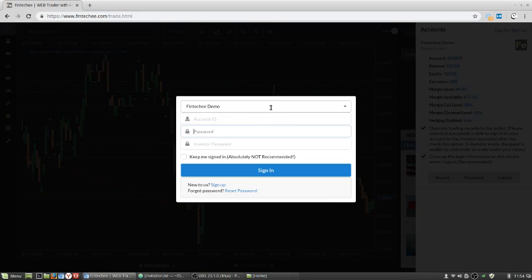In our demo, we just provide one broker, but if we go live, we can get different brokers, and it will offer you chances to sign into different accounts at the same time.